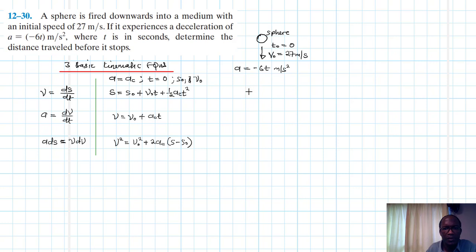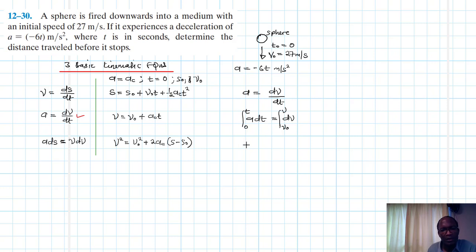We are going to employ this particular equation, because we are dealing with acceleration which is not constant, so we go with the instantaneous one. Therefore a equals dv dt, and writing this, a dt equals dv. When we integrate on both sides, here we have 0 to t, and here v naught to v.